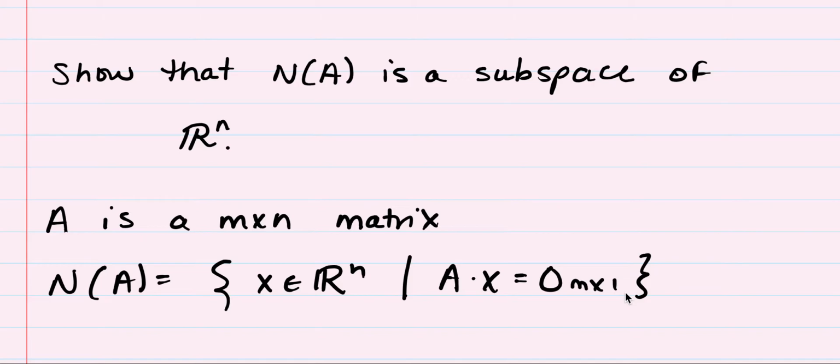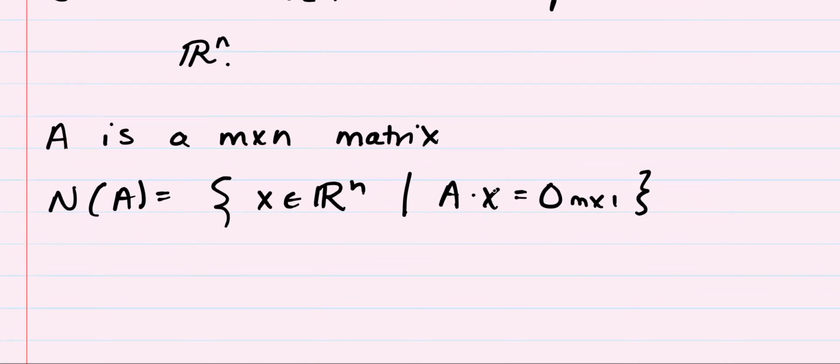How can we show it's a subspace? First, we have to ask ourselves, is this actually a subset of Rn? Well, by definition it is. And is it non-empty? That answer is yes, because the 0 vector is always a solution to a matrix times x is equal to 0. So it's non-empty.